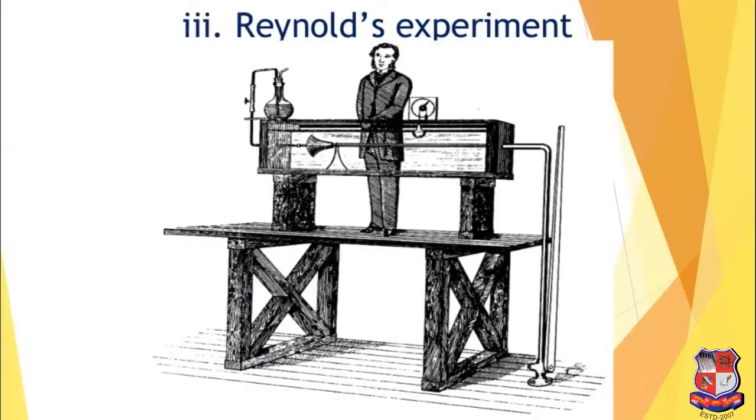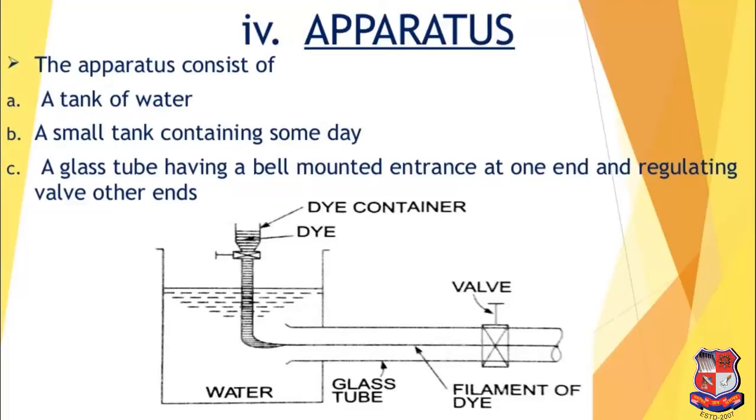This is the Reynolds experiment, how Reynolds experimented with dye to determine the flows like laminar, transition and turbulent. The figure shows the basic apparatus.